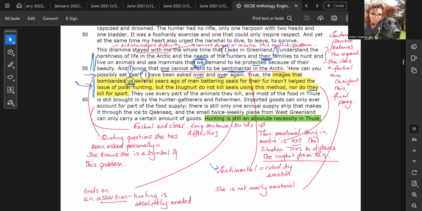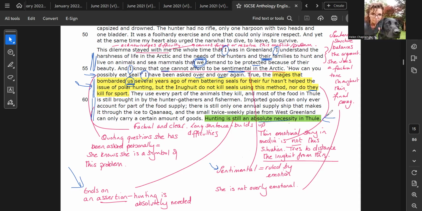So there's maybe clues in terms of her experience in the wider world and how she is now approaching things. You can see that there is this objective and logical, factual sort of justification. And she ends on this strong assertion, okay, that hunting is absolutely necessary. There's no doubt about that.